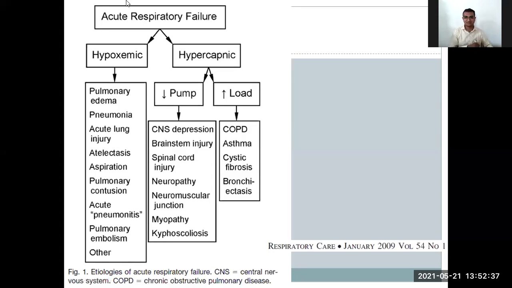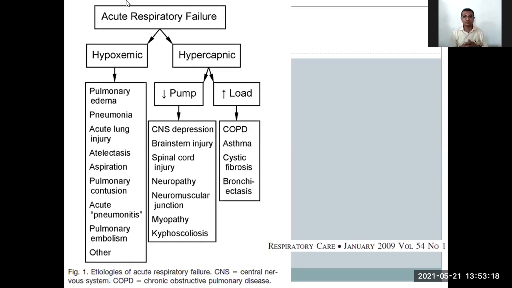PaO2 is less. But when PaCO2 is increased, it is when your pump is not working. What is the pump? Diaphragm. The diaphragm is a pump. When the diaphragm cannot work properly, or when you have taken too many respiratory depression drugs, morphine, pethidine, these cause respiratory depression. As the CNS is depressed, respiration is also suppressed. CNS depression means it will not stimulate the phrenic nerve.